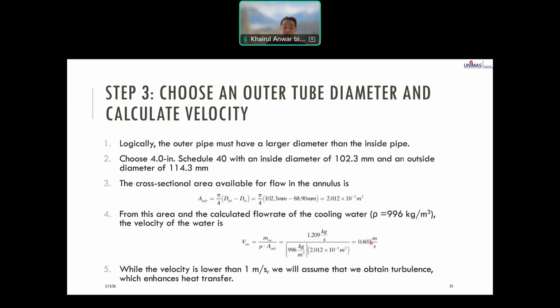The cooling water is quite slow compared to the flow of the ethanol, and this flow is in the annulus. Since the velocity is lower than 1 meter per second, we will assume that we obtain turbulence, which enhances the heat transfer. This is the assumption.